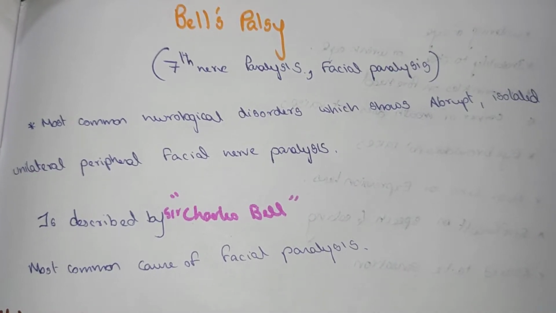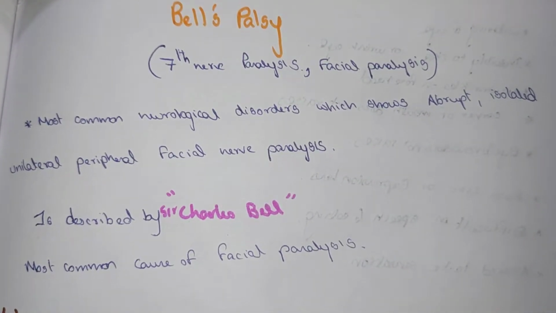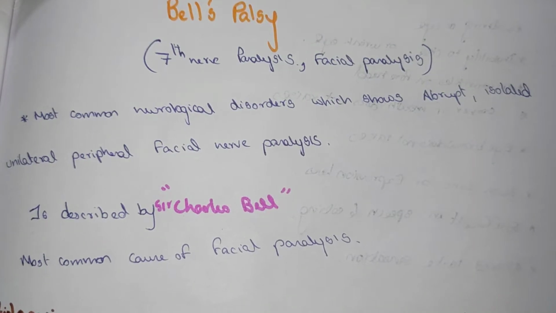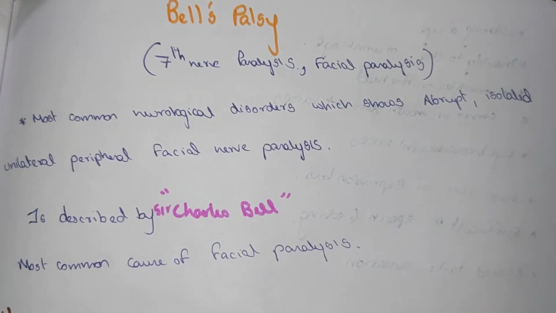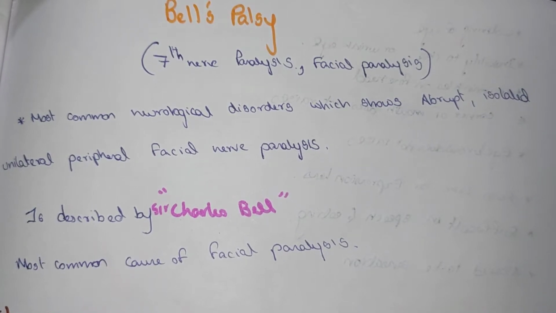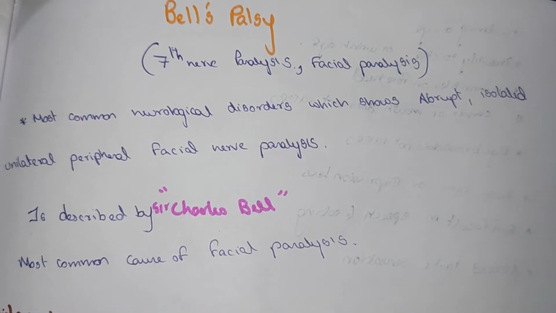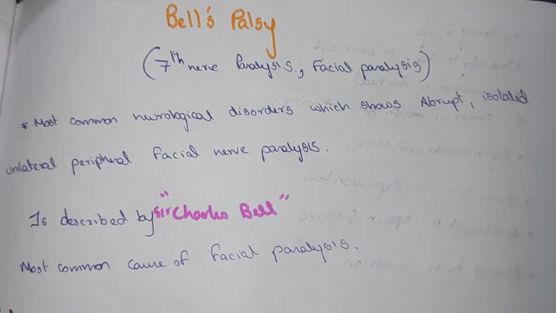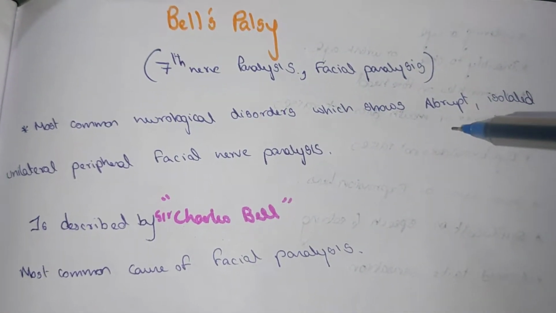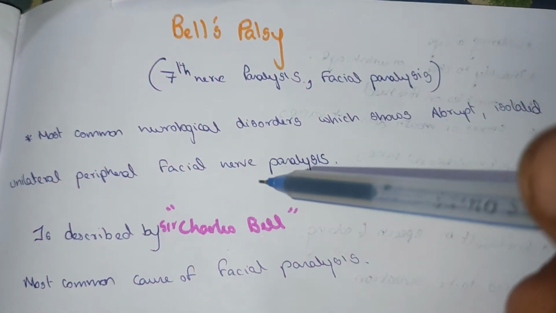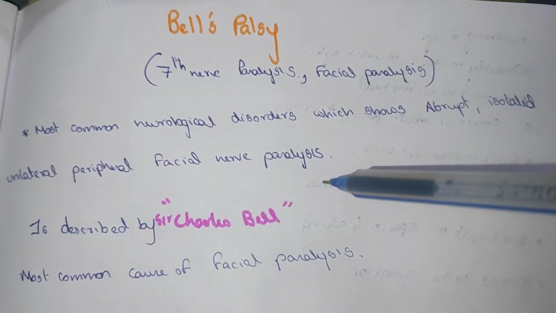In this video, we are going to see about Bell's palsy, which is an important topic in general surgery as well as general medicine from all points of view. It is otherwise known as seventh nerve paralysis or facial paralysis. It is the most common neurological disorder which shows aberrant isolated unilateral peripheral facial nerve paralysis.